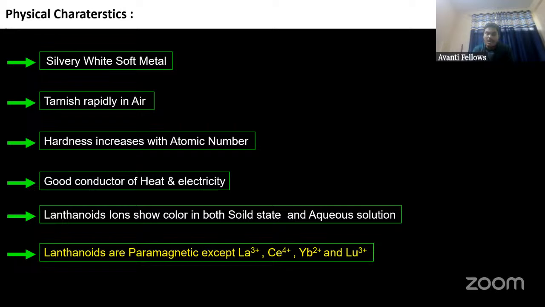All lanthanoids are paramagnetic apart from La3+, Ce4+, Yb2+ and Lu3+. So apart from these four, all lanthanoids are paramagnetic in nature.